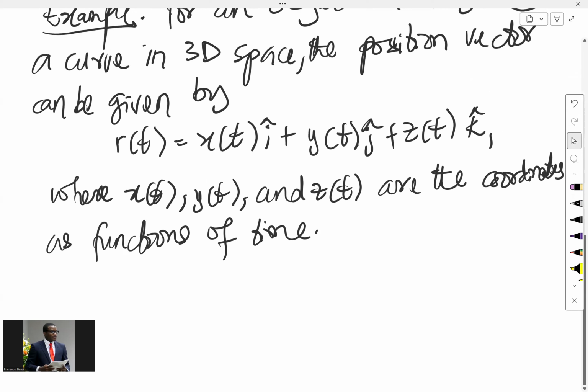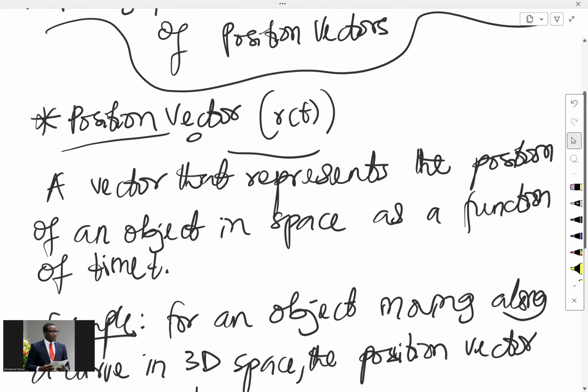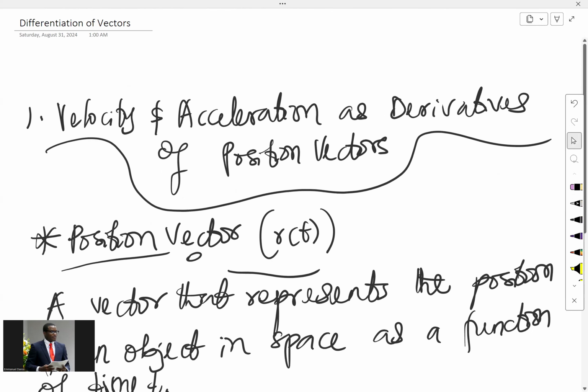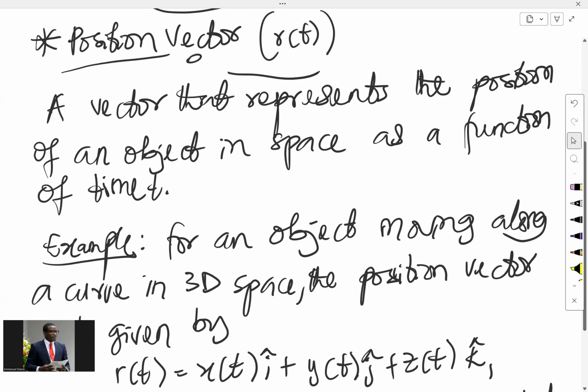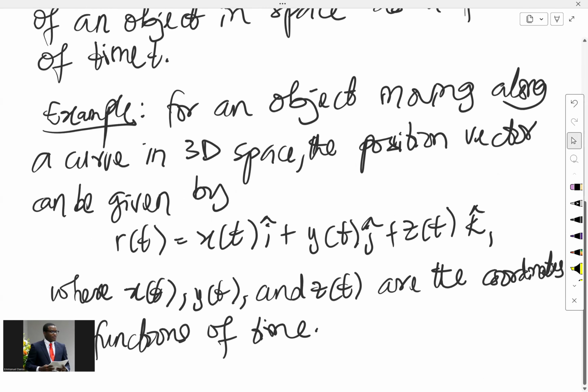Then, of course, we are looking at velocity and acceleration as derivatives of position vectors. So we have seen what a position vector looks like. It is simply a vector representing the position of an object in space as a function of time t.